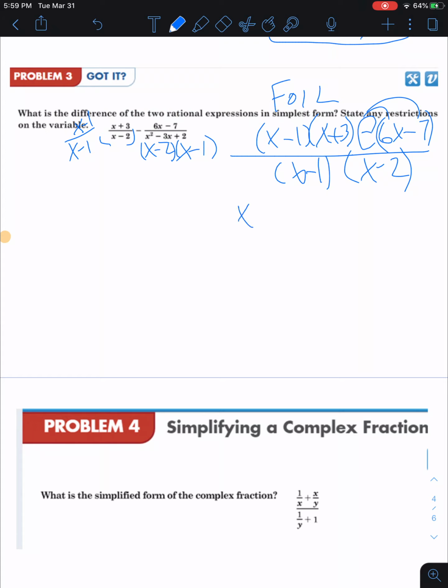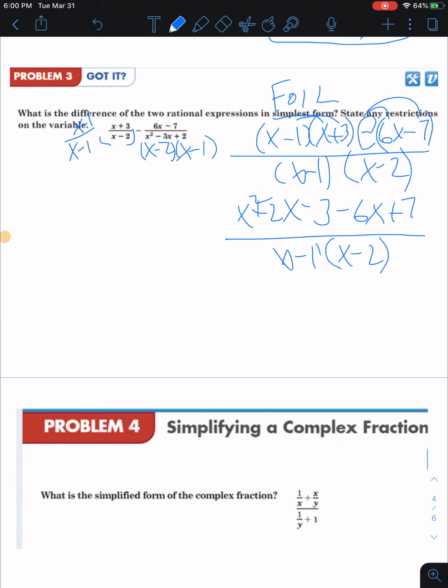So this would give me an x squared for the firsts, and then plus 3x minus x, so plus 2x for the outsides and insides together. And then for the last, it'll be minus 3. Then when I distribute the negative 1, it would be minus 6x and plus 7. Notice that sign changed because of the negative sign I multiplied it by, over x minus 1, x minus 2.